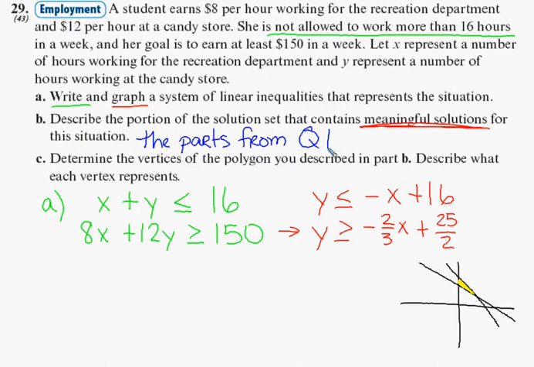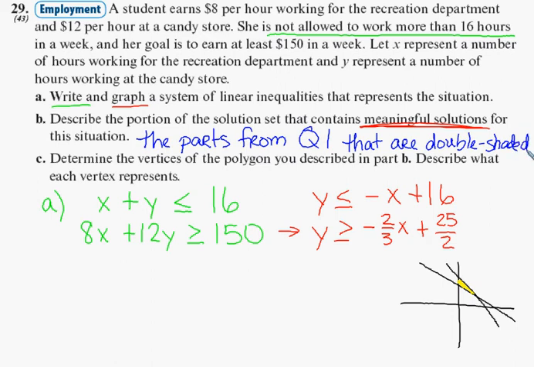So the parts from quadrant 1 that are double shaded. Okay, now I didn't even show the shading for everything. I just showed in yellow down here the part that was double shaded. But you get the idea. I guess I should say double shaded, not double shading.